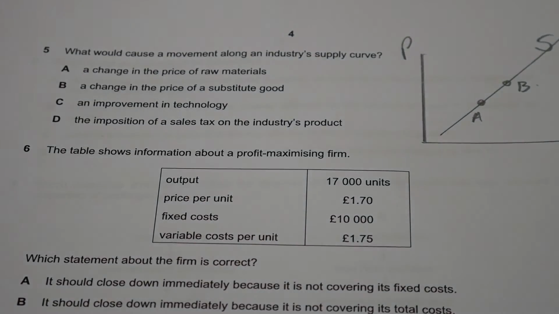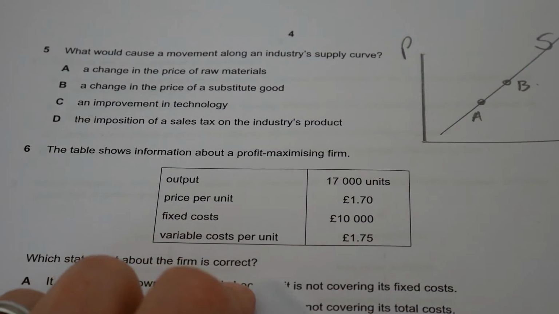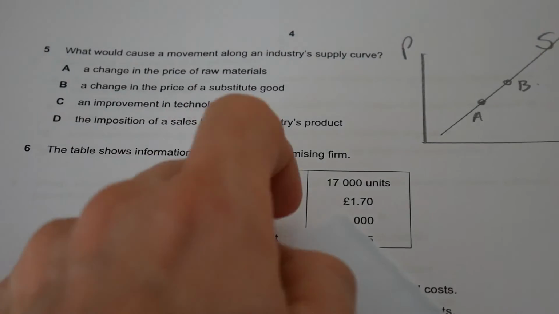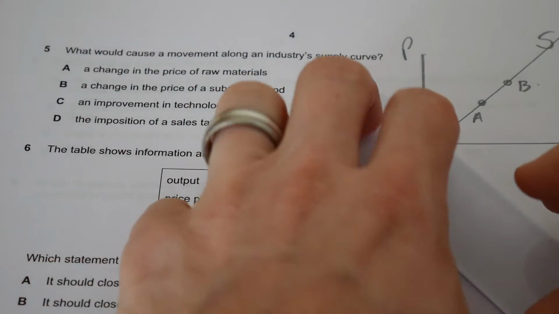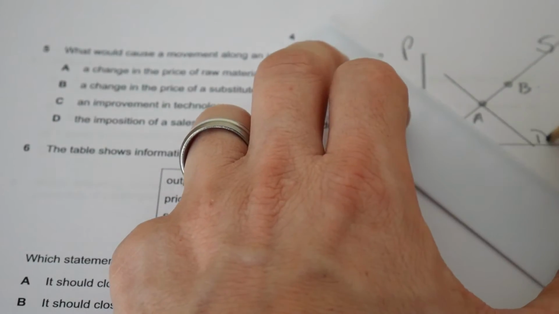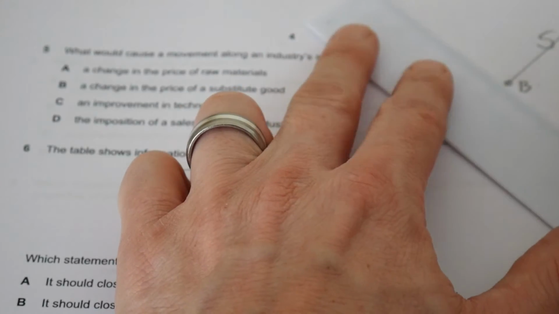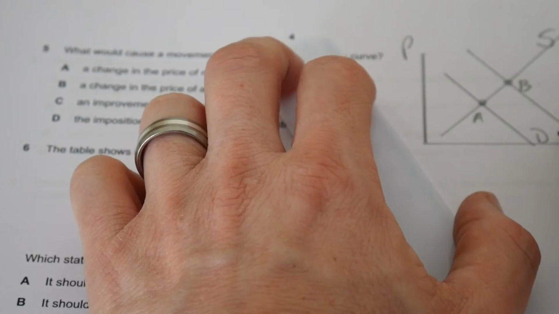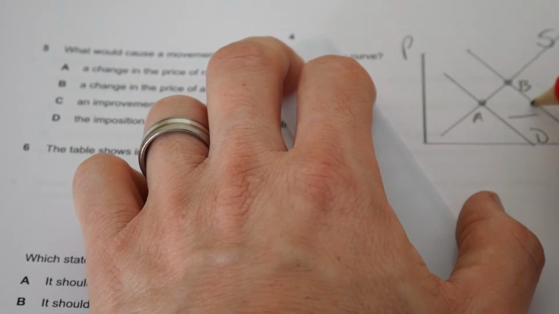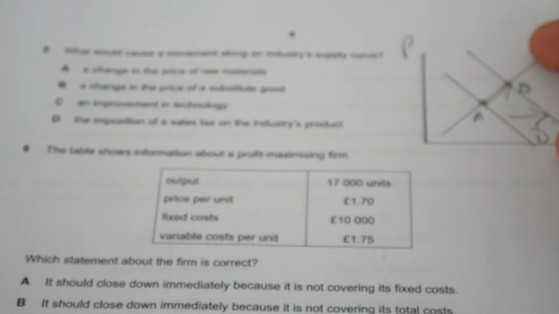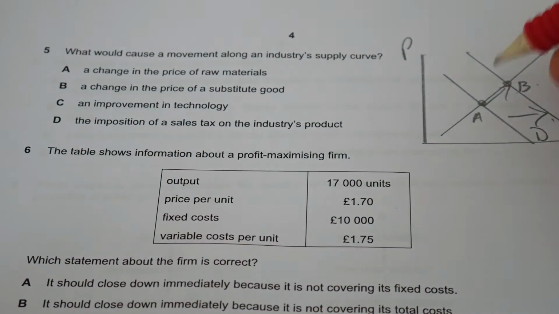Okay, so will that actually work here? So let's say that there's an increase in the price of a substitute good, so perhaps the price of beef rises. What impact does this have on lamb? The demand for lamb would then increase, so we go from D to D1, and we can see that we do actually have movement along the supply curve taking place in that instance.